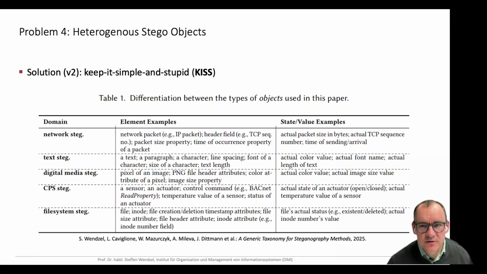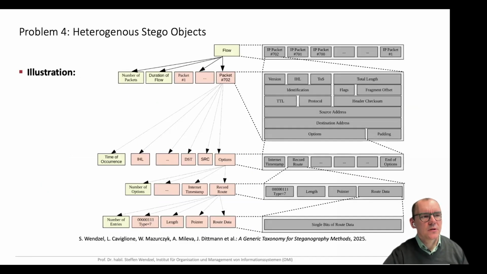Here are a few examples. I won't go through all of them to prevent boring you, but you can pause the video here if you want to get a few examples. Here's a little bit more example plot or visualization of a flow in a network. So the flow is an element containing packets.